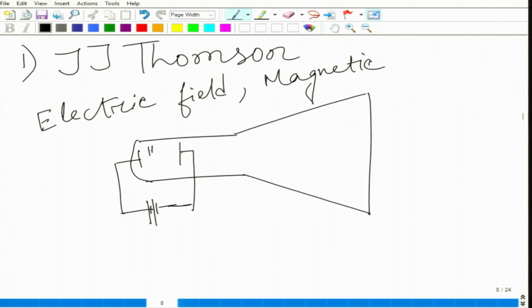And there was some gas which liberated electrons. Here the modification that was done is they put two plates which created an electric field. One was positively charged and one was negatively charged. Thomson also put magnets in this setup.